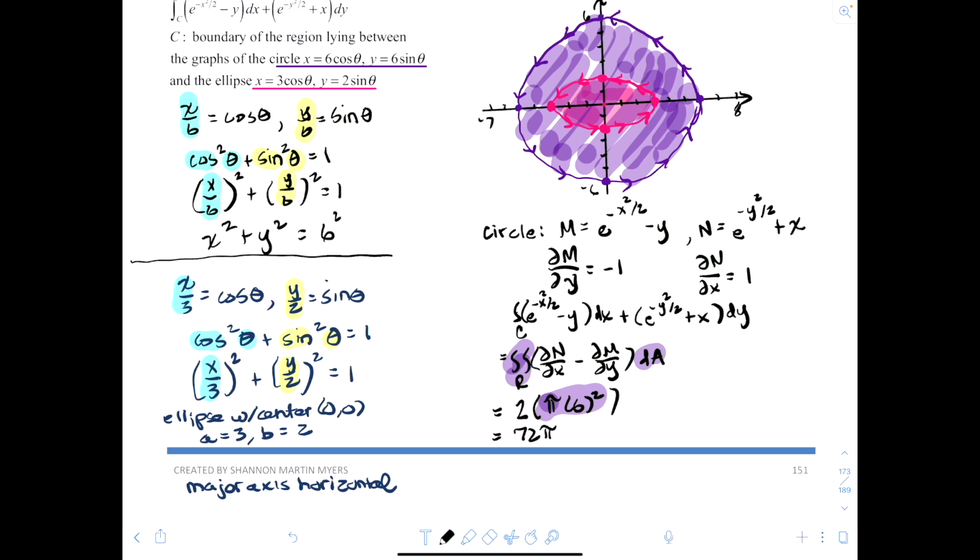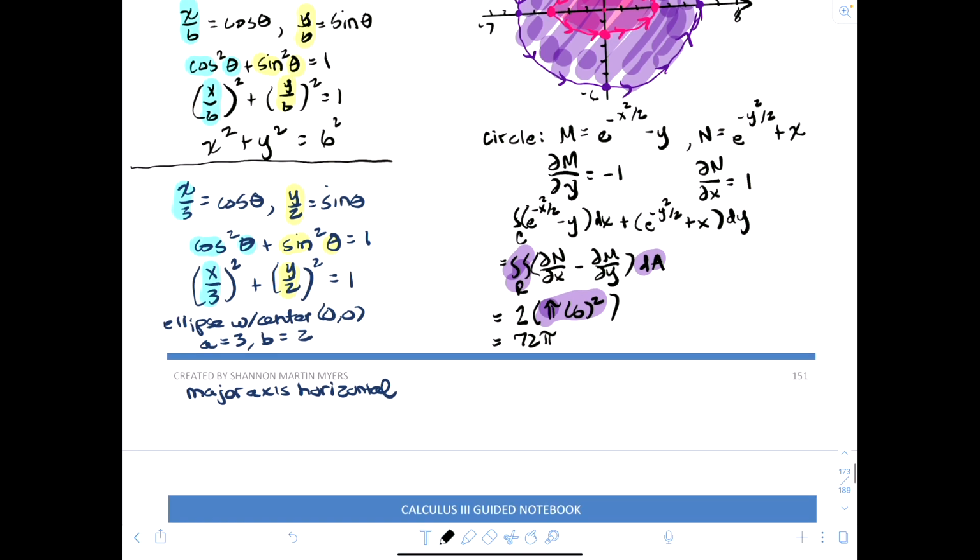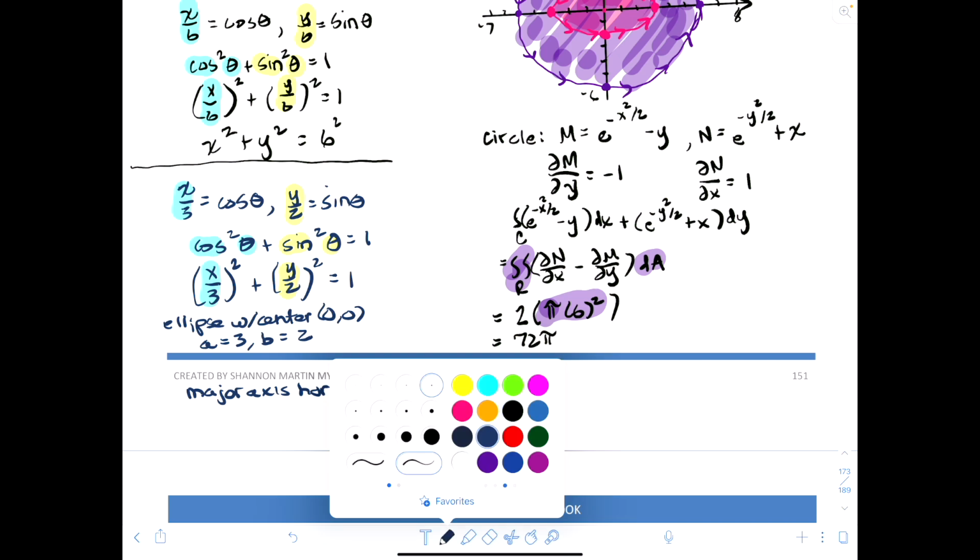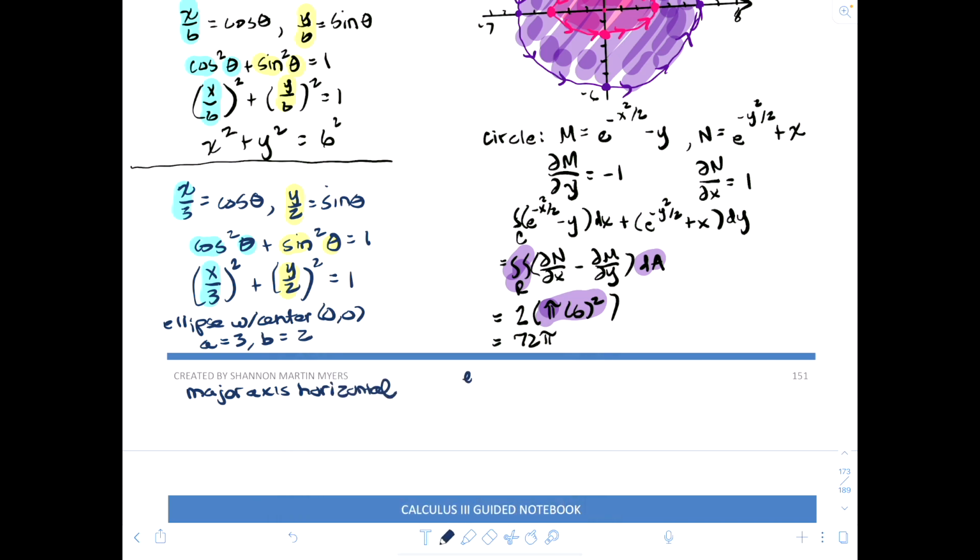Groovy? Okay, so the ellipse, on the other hand, you're going to have the same thing for the first partial of M with respect to y and the first partial of N with respect to x. That's all going to be the same.